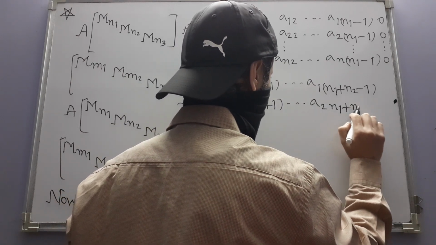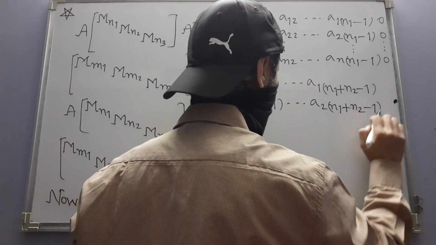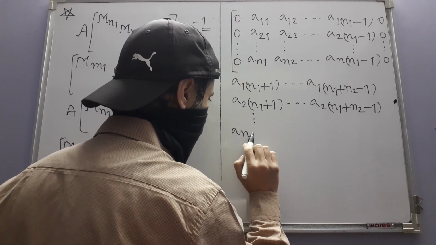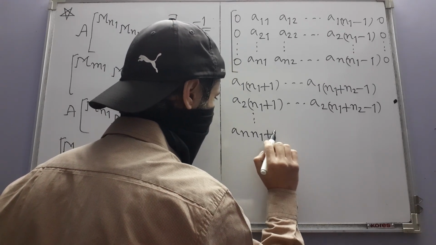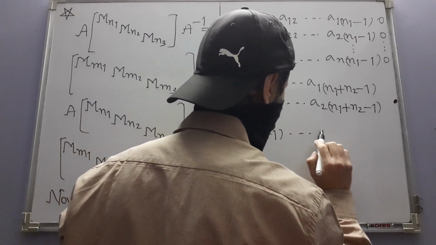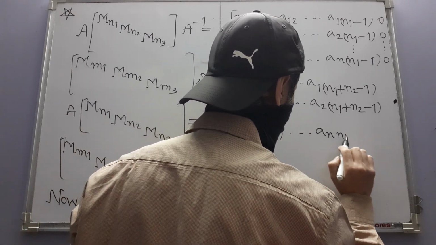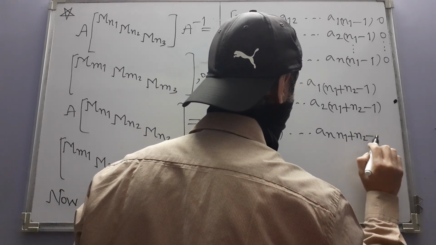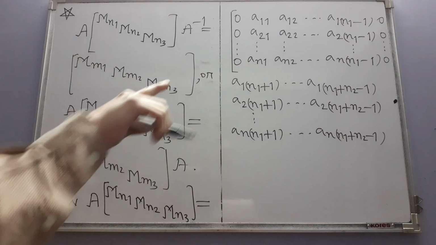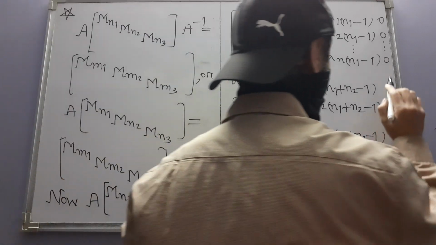N1 plus N2 minus 1. AN,N1 plus 1, AN,N1 plus N2 minus 1. And then the next column is a 0 column again.